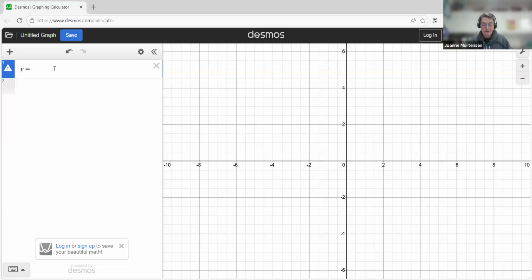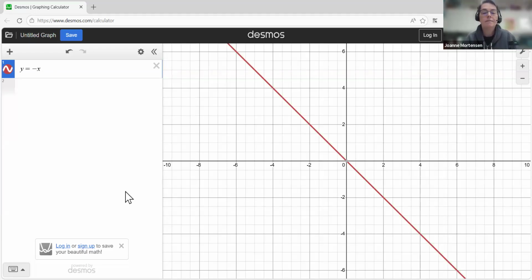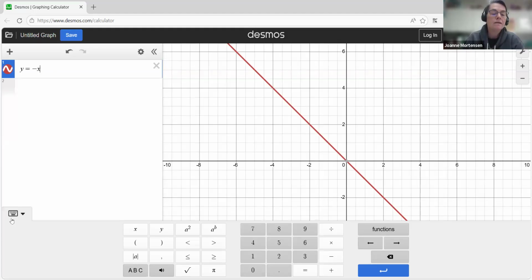Okay, I need to move some stuff. Minus x. I don't need that anymore. Sorry, talking to myself. All right, so just so you know, there's this little keypad doodad in the corner.